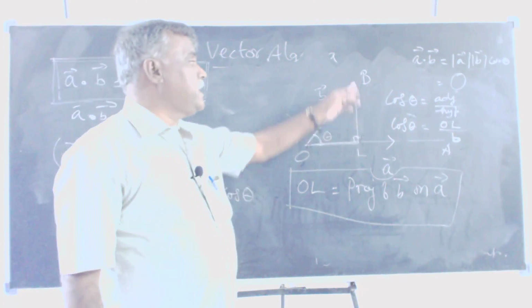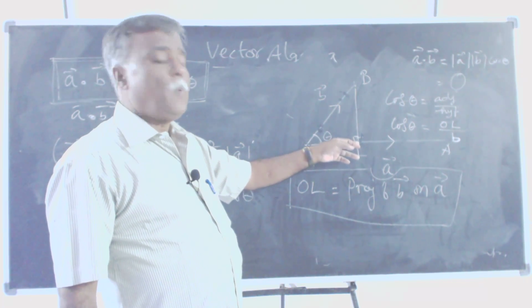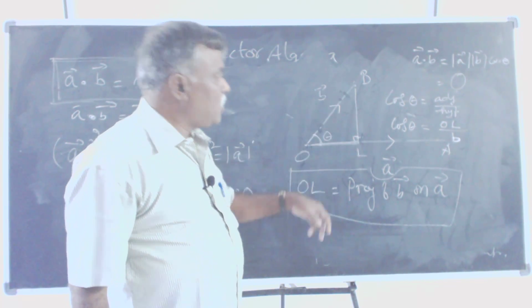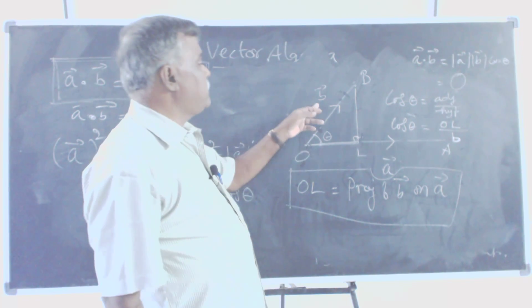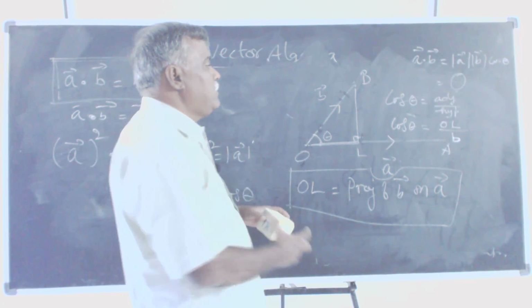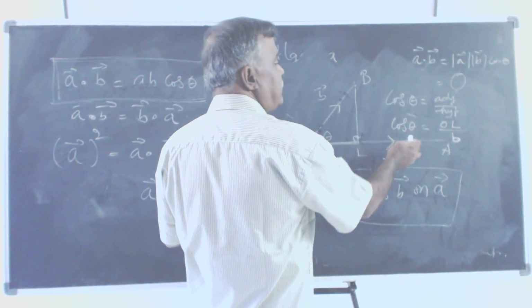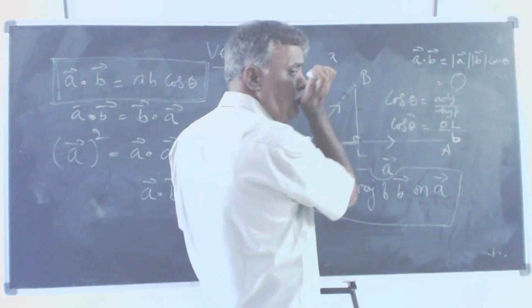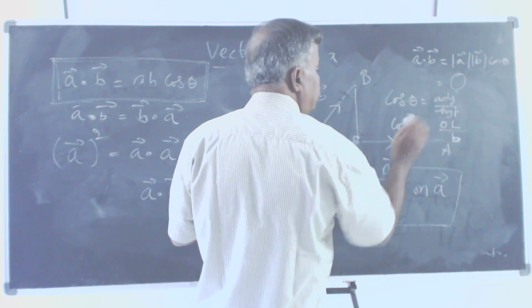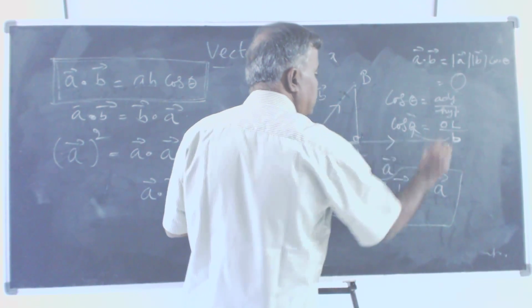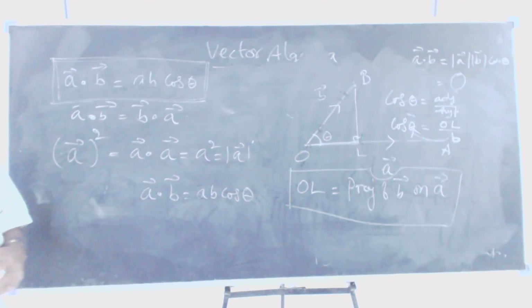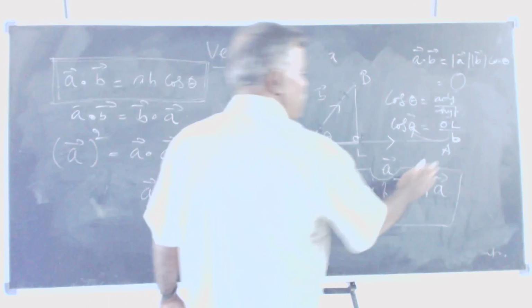See, this is a right angle triangle in which the adjacent side is OL, the opposite side is this one, and B is the hypotenuse. So the very definition of cos theta says adjacent side divided by hypotenuse, OL divided by B. Just cross multiply this. While cross multiplying, what will you get? B cos theta equal to OL.